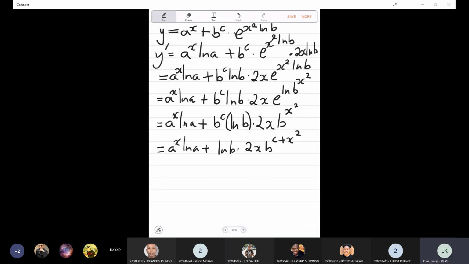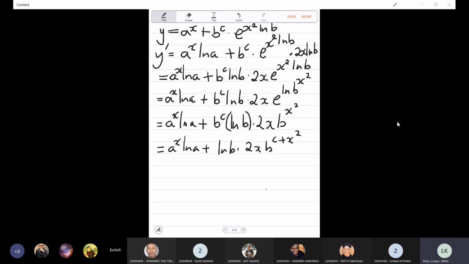Okay. All right, then we move on to number 11. Hello. Yeah, and if I'm seeing right, I'm seeing c plus x squared. But in the textbook at the back, it doesn't say that. What does it say?